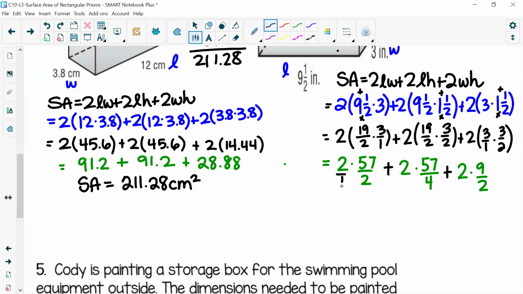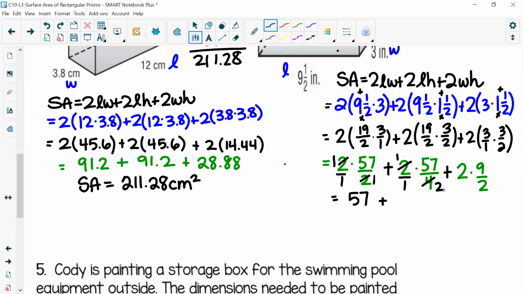My 2's can cancel each other out. So now I have 57. 1 times 57 is 57. Here, you can see 2 can go into itself once and 2 can go into 4 twice.